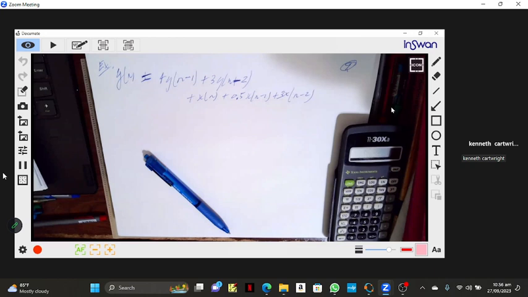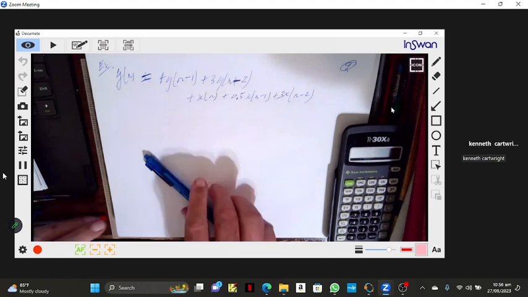No, we're not there yet. The first thing I would do is write this in standard form of a difference equation by moving the y's to the left side.